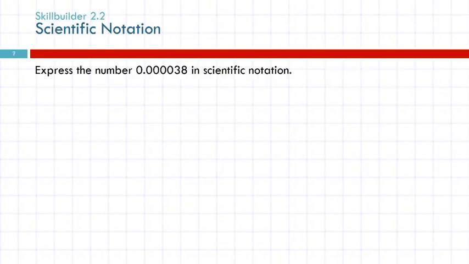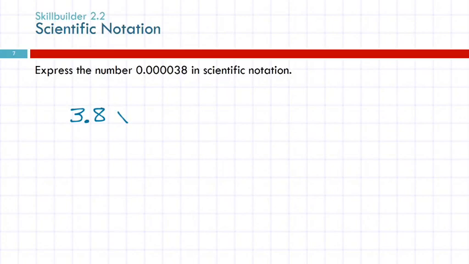Let's take a number that's small. Express this number in scientific notation. Again, we're going to write it as a number between 1 and 10. So all of those zeros in the beginning, we don't need those. So we've got 3 and 8, and I'm going to put the decimal point after the 3. The decimal point always goes after the first non-zero digit.